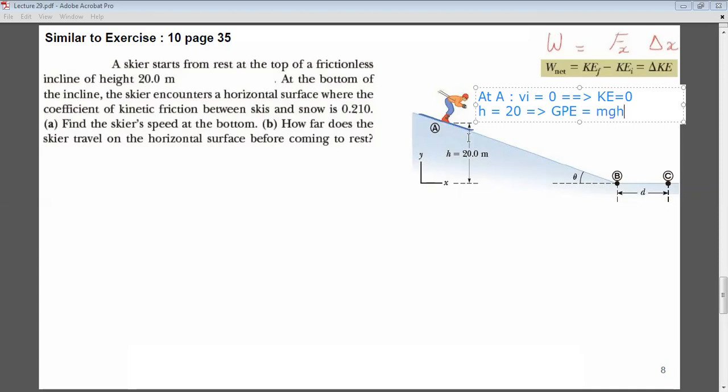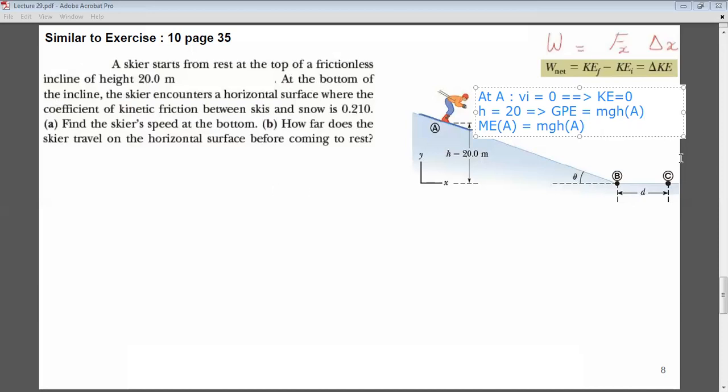Okay. So at A, what is mechanical energy? Since it's frictionless, so here I can use mechanical energy at A. Let's write it this way. It's equal to mgh of A. Okay. This is at A. This is frictionless, so I can use conservation of mechanical energy.